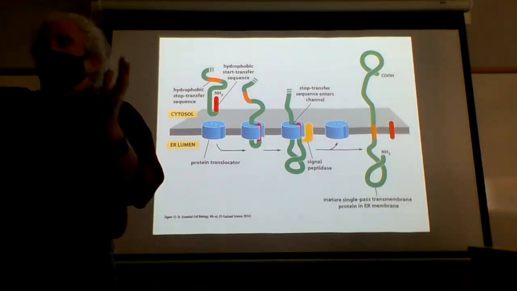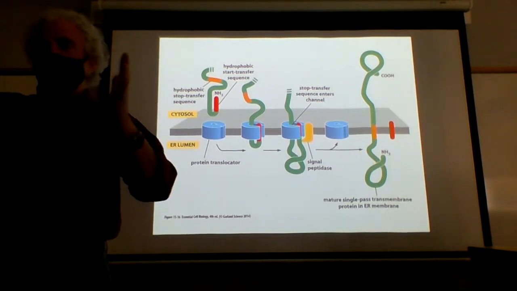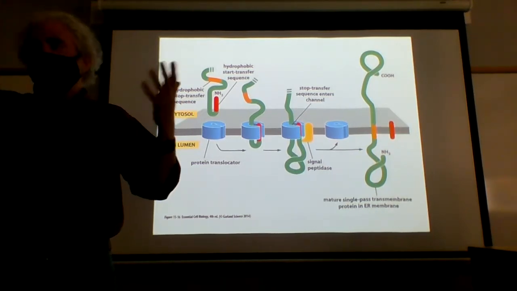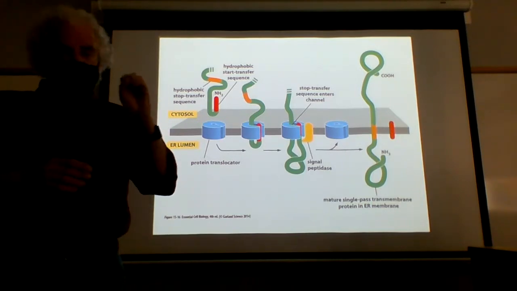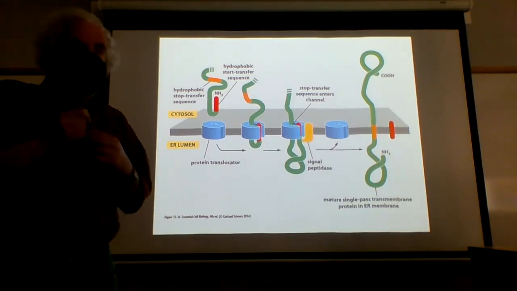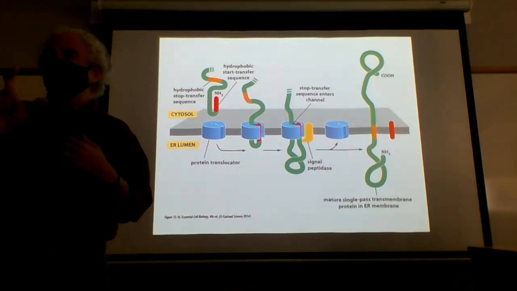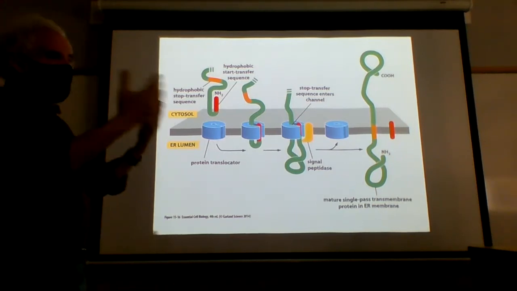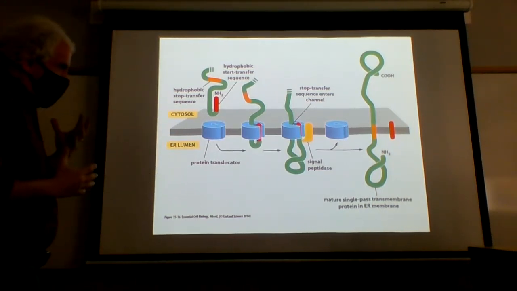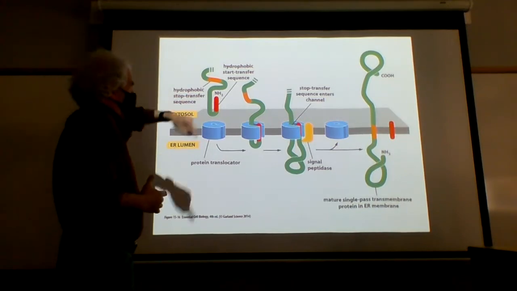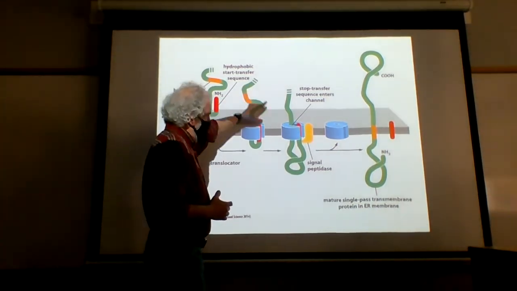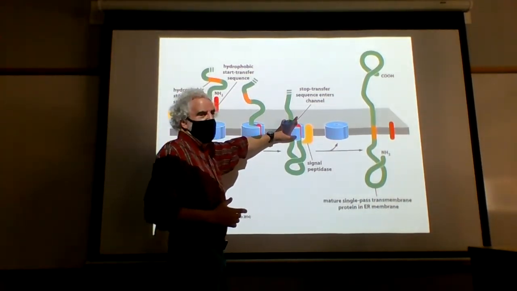And when you're doing this, you can come across stretches of 10 or 15 amino acids that are extremely hydrophobic. This is a membrane spanning region, a transmembrane region. And what happens is the hydrophobic region will get stuck in the membrane.